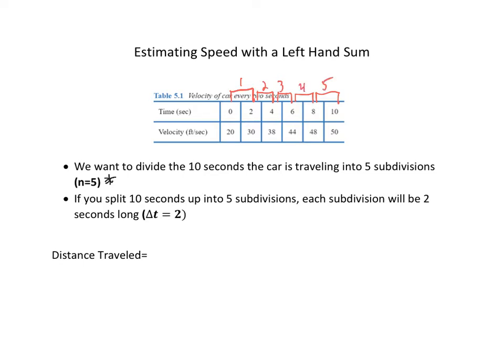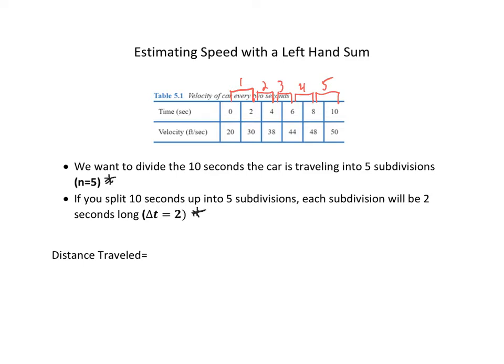And we're going to guess how far the car traveled. So notice, if you split the 10 seconds up into 5 subdivisions, each subdivision is 2 seconds long. We call this delta t, and we'd say it equals 2.